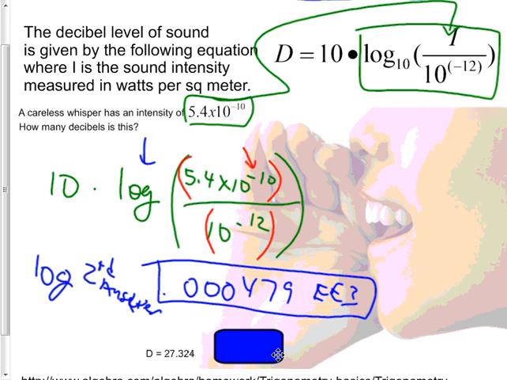27.324. All right. So now this is a weird scale. 27 decibels for an incredibly quiet noise like that. The way I understand the decibel scale, you go down and down and down. So if you get a loud noise, it's like 1 decibel. Now, I'm not positive of that.